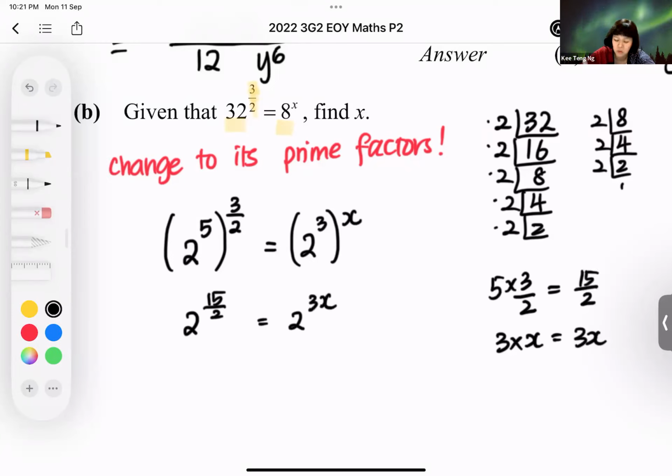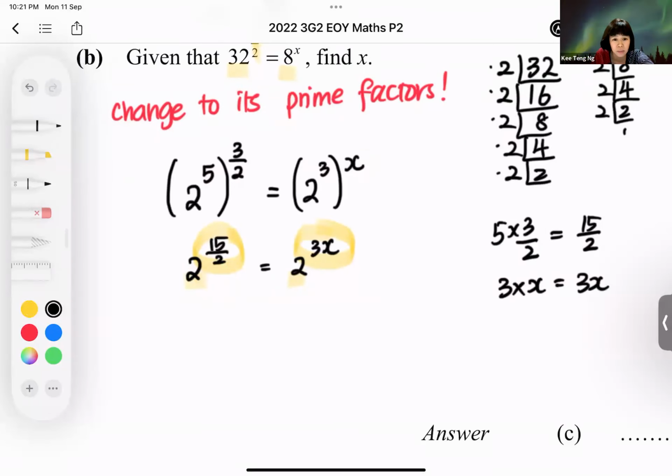Then since the base and the base are the same, the power and the power must be the same. That's because they are the same base now. So we have 15 over 2 is 3x. Never mind the decimal, I just want to find x, so I just divide by 3.